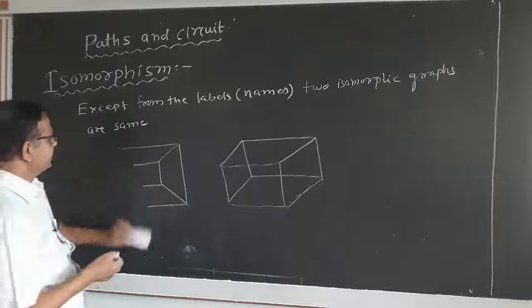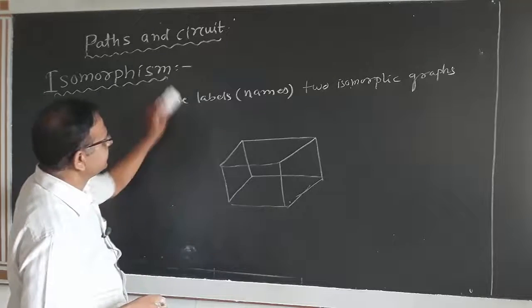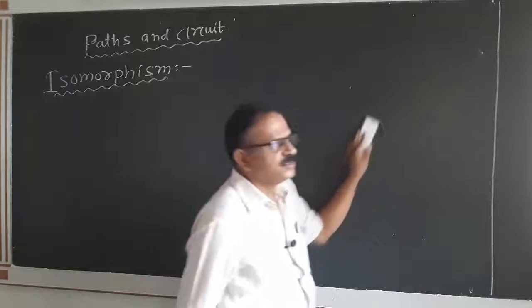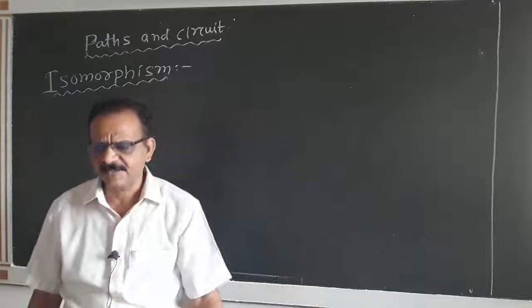Now what is the relation between two isomorphic graphs? How can we say that two graphs are isomorphic?